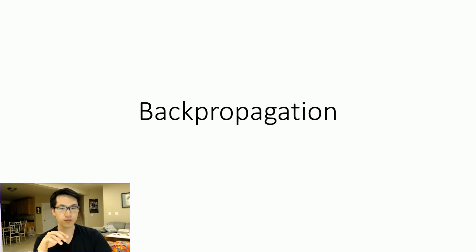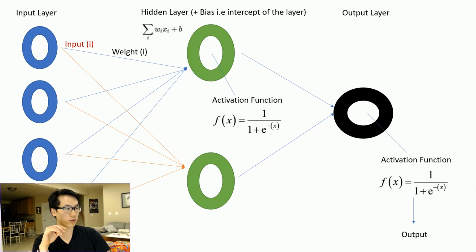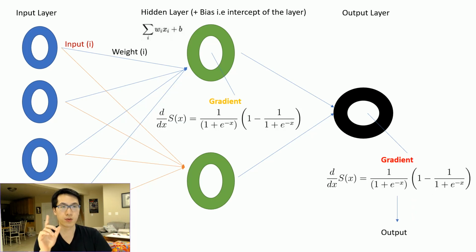Starting at the very end, once we've done our feed forward process, we first want to calculate our gradient. The gradient is a derivative of our activation functions, and since our activation function for this example was the sigmoid, this is the derivative of the sigmoid.